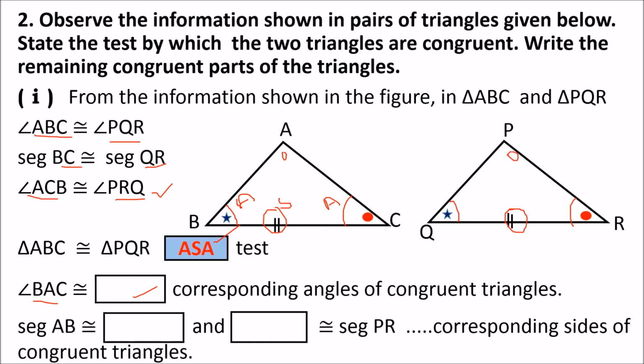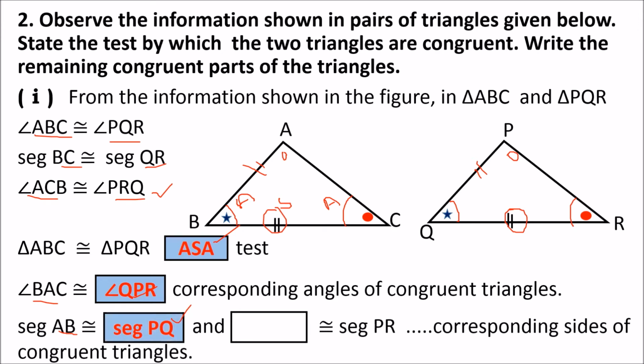Because they are angles of congruent triangles. Similarly, side AB is congruent to dash, so side AB is congruent to side PQ, as they are sides of congruent triangles.